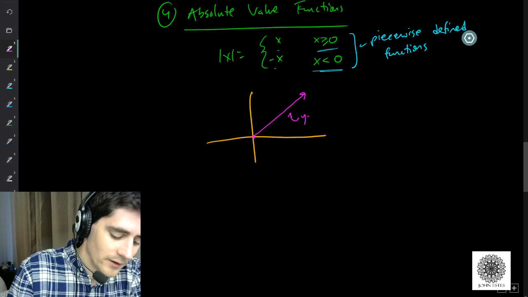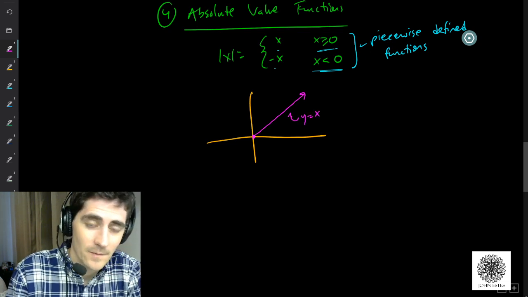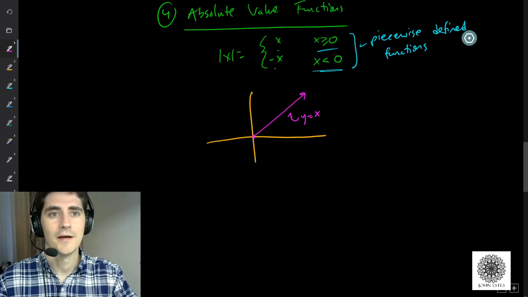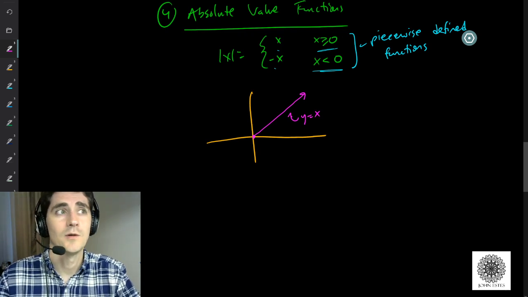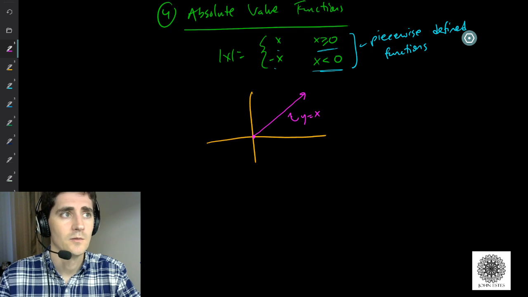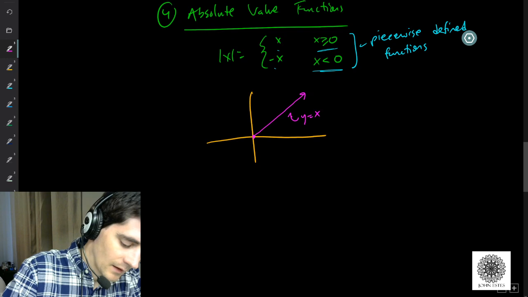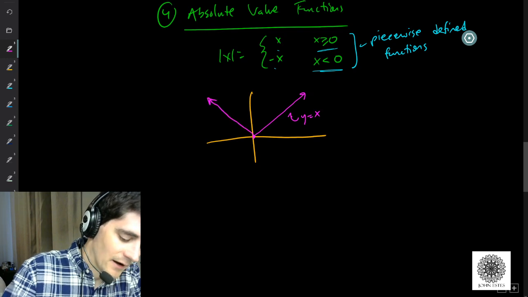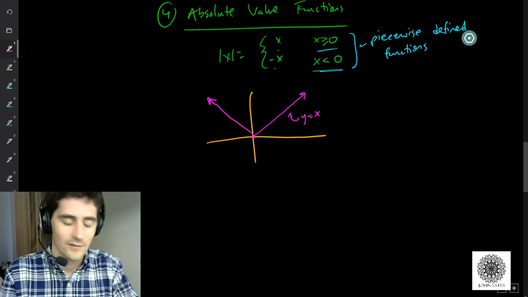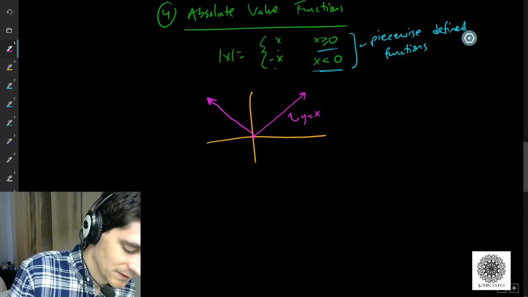This is y equals x. Now, for x less than 0, I look like negative x. Y equals negative x is what kind of line? It's a line with slope -1 and an intercept at 0. So it's the same graph, just an opposite version of it. We get y equals negative x like that.